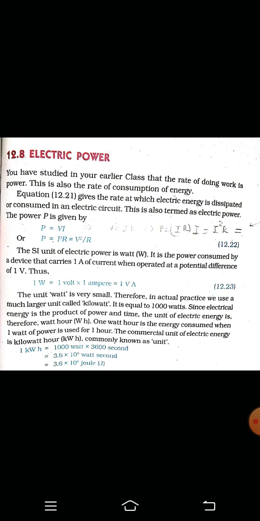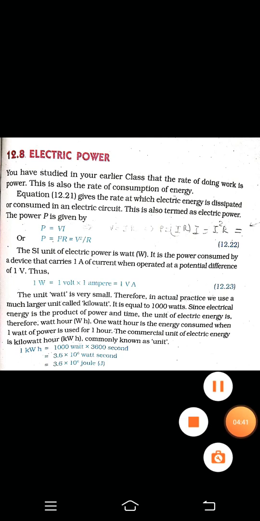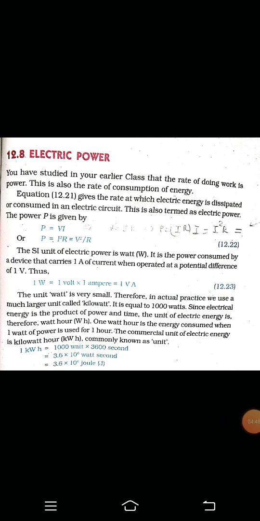It can be defined as the power consumed by a device that carries 1 ampere of current when it is operated at 1 volt potential difference. So we can write it as 1 watt is equal to 1 volt into 1 ampere, that gives 1 volt ampere.